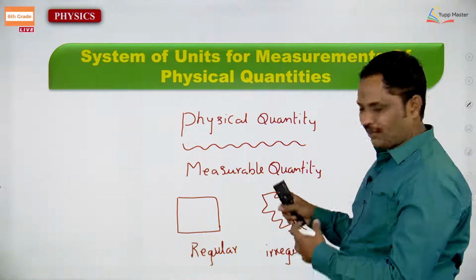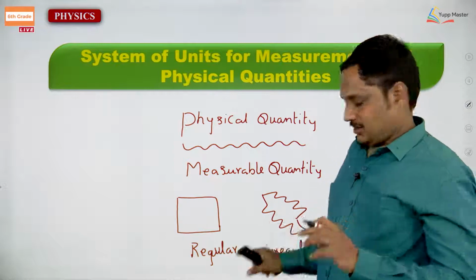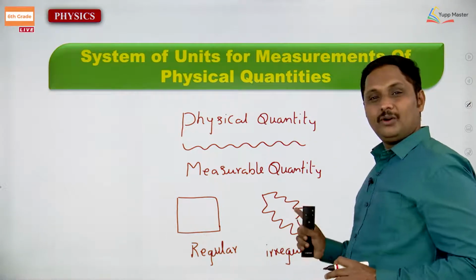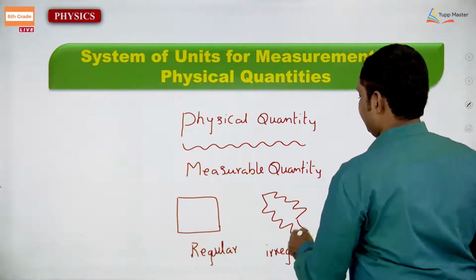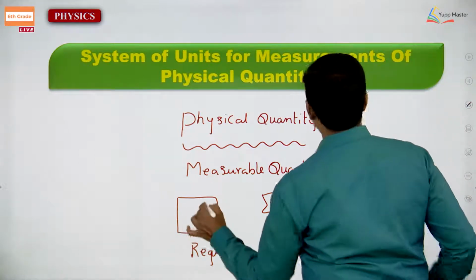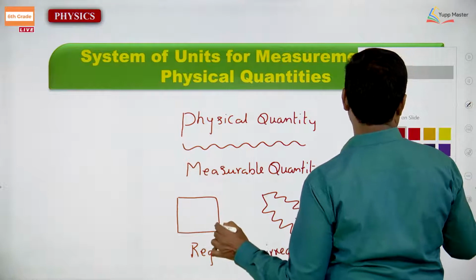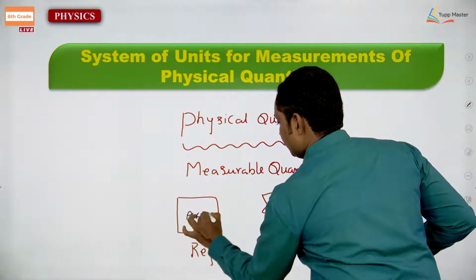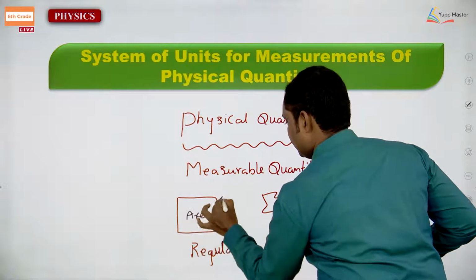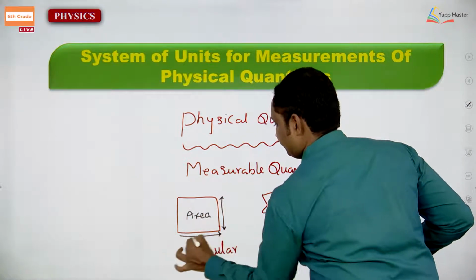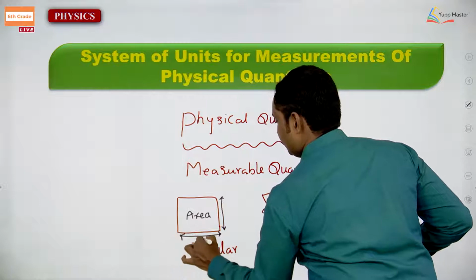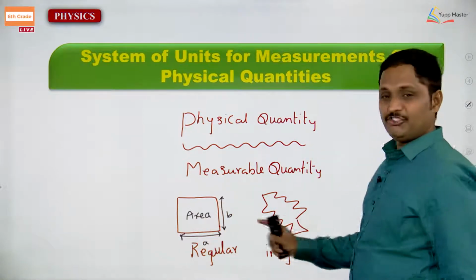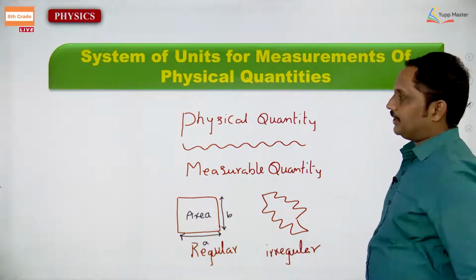Even by using thread, it is very difficult to get the measurement of this object, since it is irregular. But you can measure the area of a regular one easily, by taking A and B. Otherwise it is not measurable.